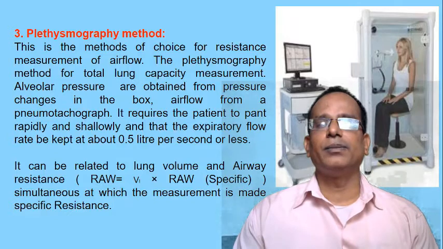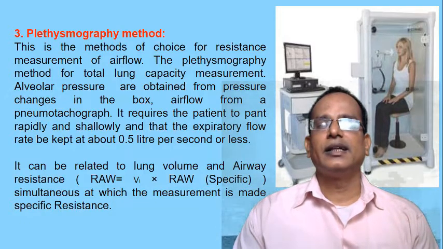It requires the patient to pant rapidly, that is, they ask the patient to breathe in a very quick manner, and exhaling will be the slow method. They have to take the air slowly, and the expiratory flow rate may be kept at 0.5 liter per second or less. So it can be related to the lung volume and the air resistance also.